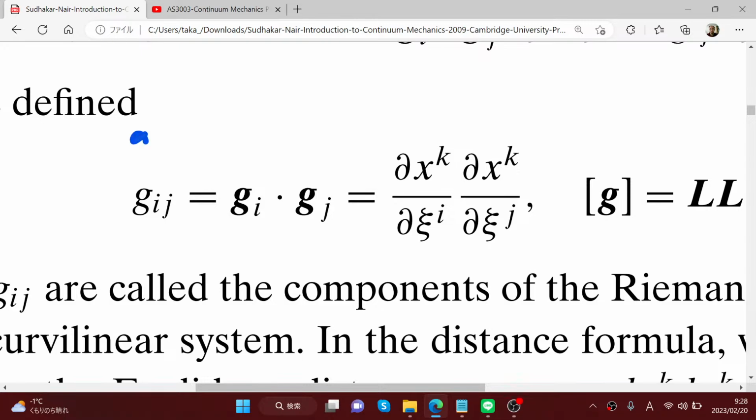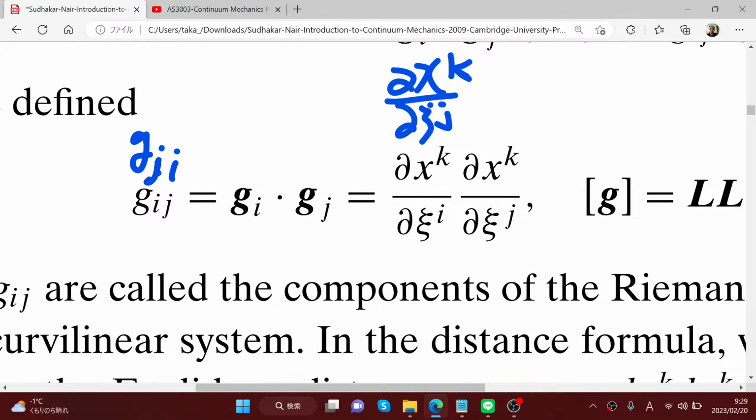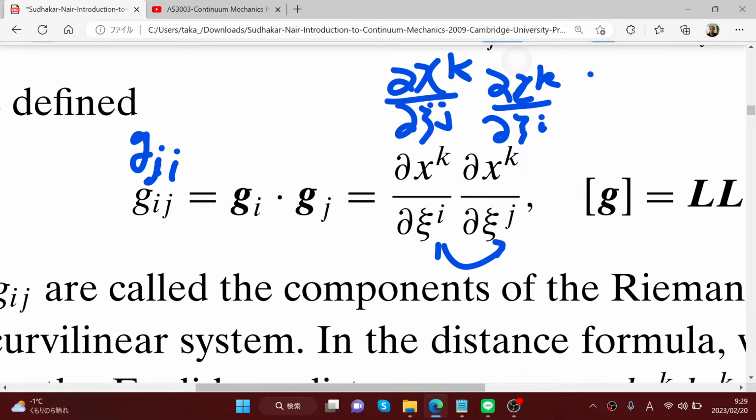If you consider Gji, you just change the order of this, xi j partial x k partial xi I. You change this order, but the same value. So this is symmetric. That's the trick. Okay.